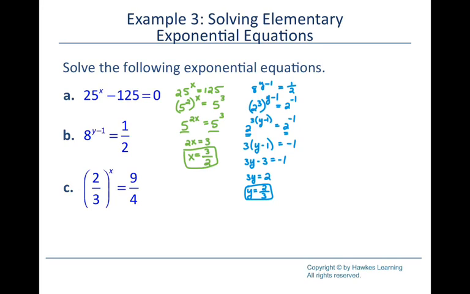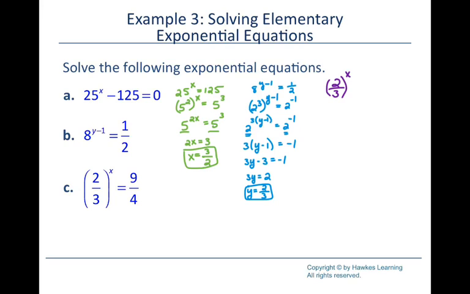Alright, so let's look at C. C is a little bit tricky. I'll grant you that it is. So let's look at C. So we're going to start out with 2/3 to the x power equals 9/4.